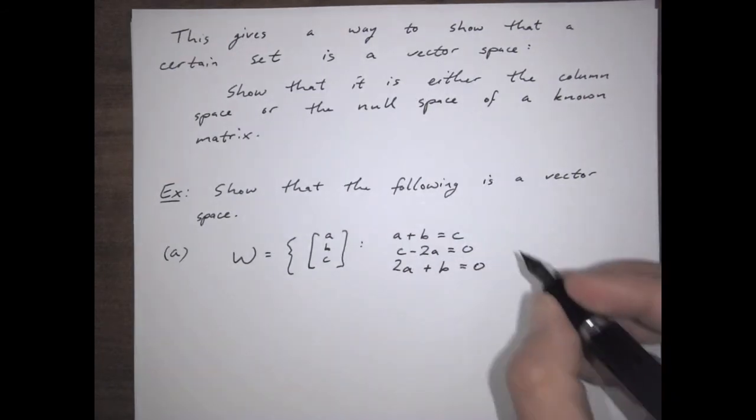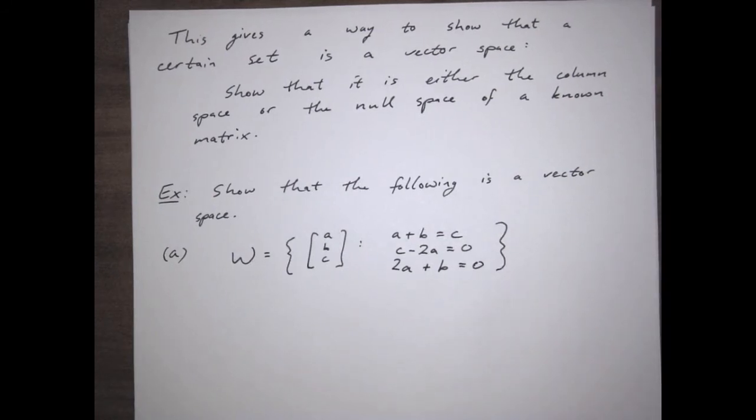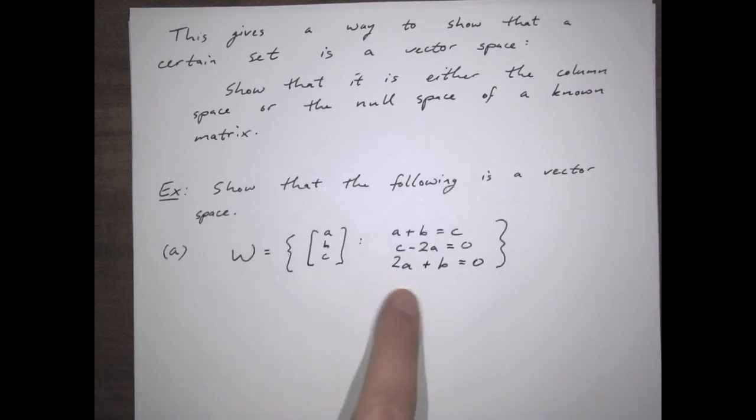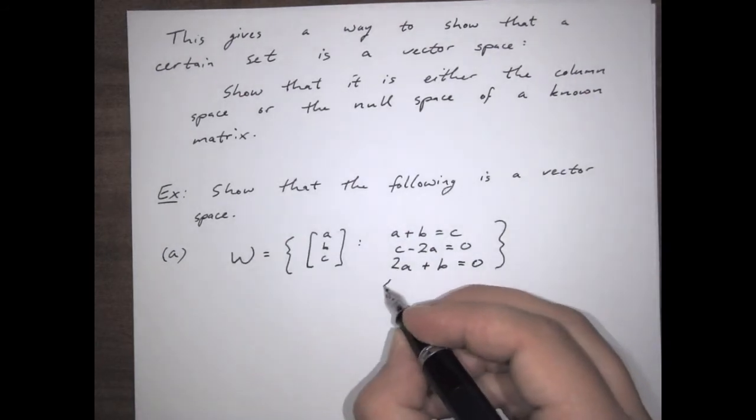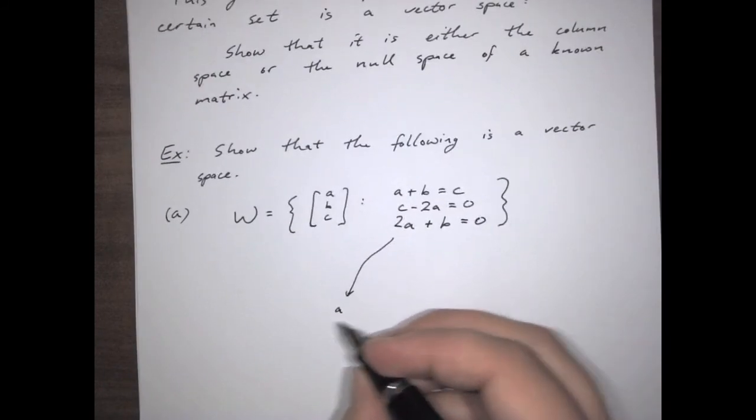Okay. Now the question is this: is this manifestly the null space or the column space of any matrix? Well, looking at these equations, this looks like a system of equations.